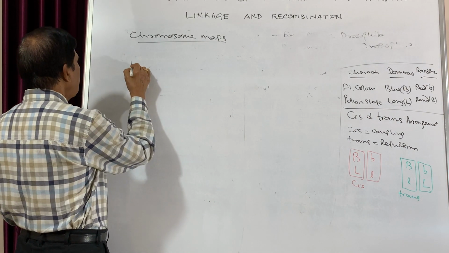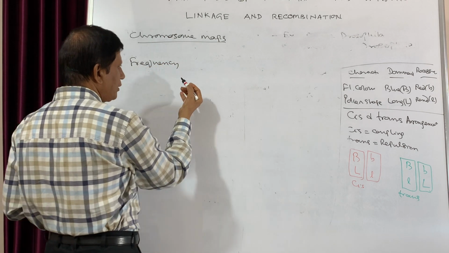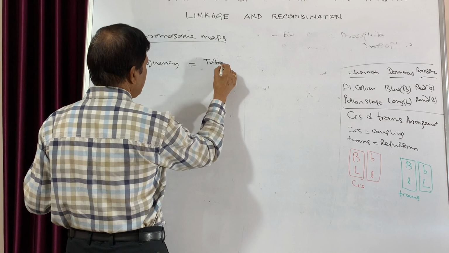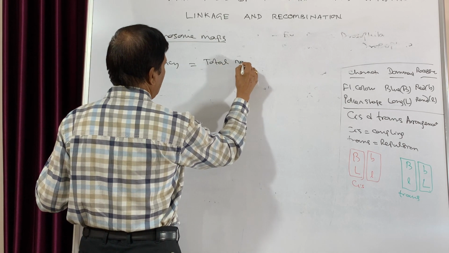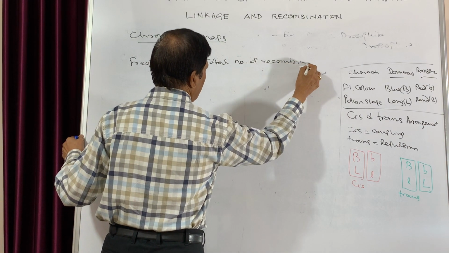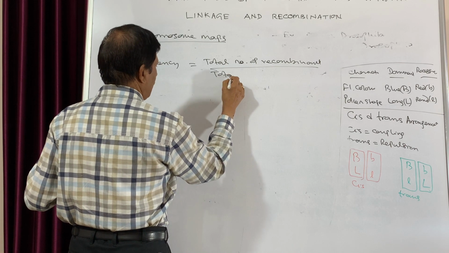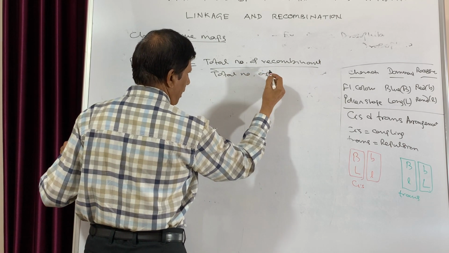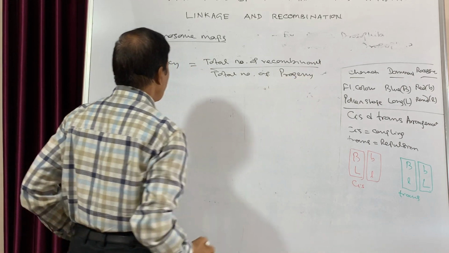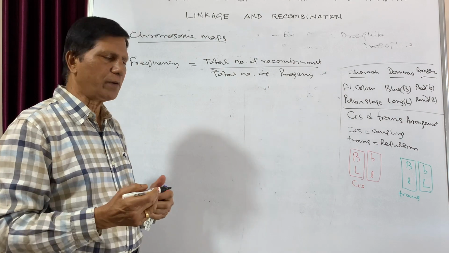So the frequency of crossing over is usually taken from the total number of recombinants divided by the total number of progenies. From this we will get the frequency, and that will give rise to the percent of crossing over.